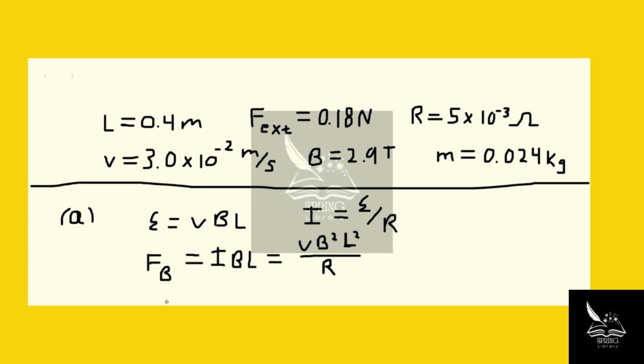We'll start a new page for this. We're going to have F external, which we were given, minus the force of the magnetic field, F sub B, which we just found, is equal to mass times acceleration. Acceleration, of course, being what we're trying to find here.